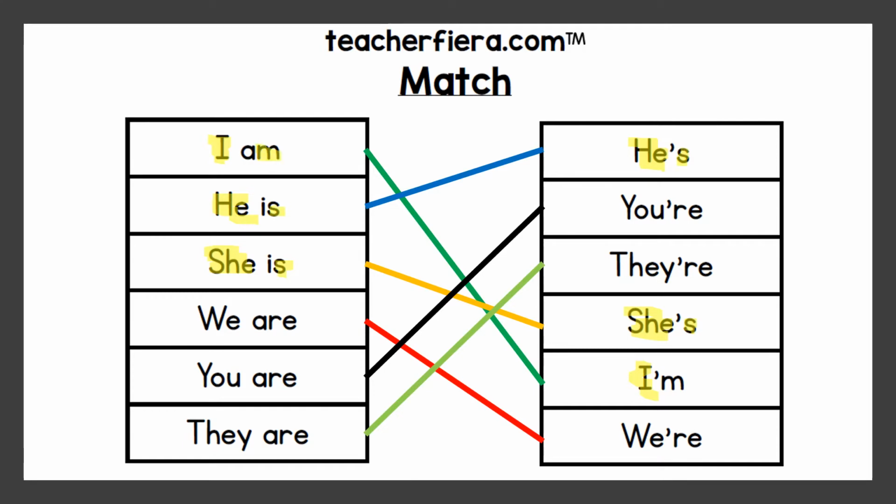I am, I'm. And then when we use we are, we just take the last two, 're. You are, you take the last two, 're, and then lastly they are, they take the last two, 're.